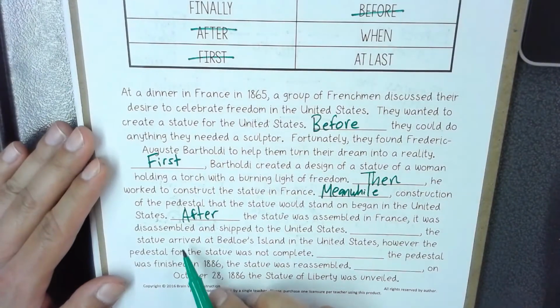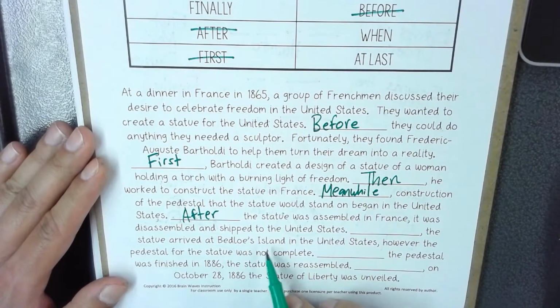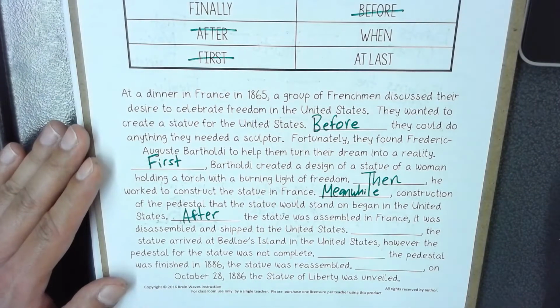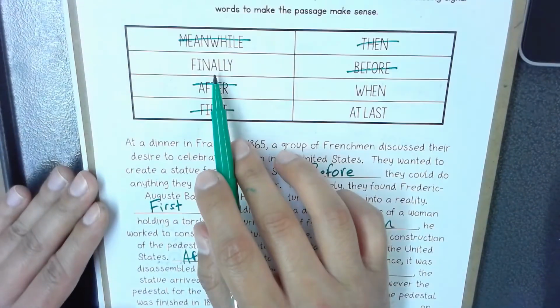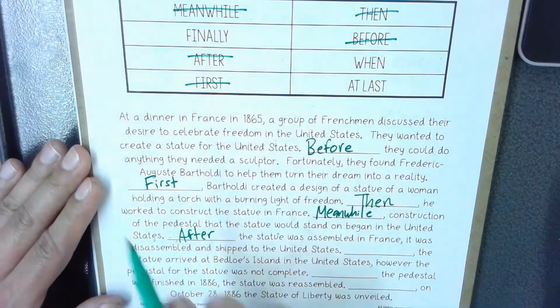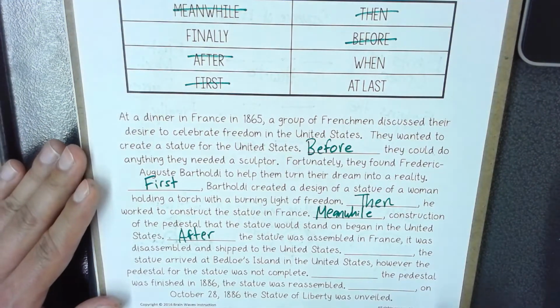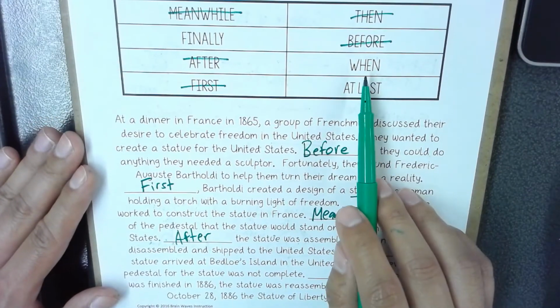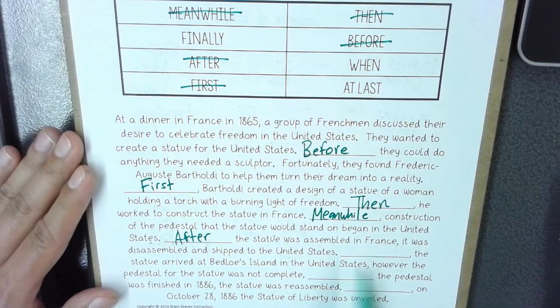Then we have blank. The statue arrived at Bedloe's Island in the United States. However, the pedestal for the statue was not complete. We know that can't be finally because that needs to be used at the end. We know it's not going to be when the statue arrived at Bedloe's Island in the United States.